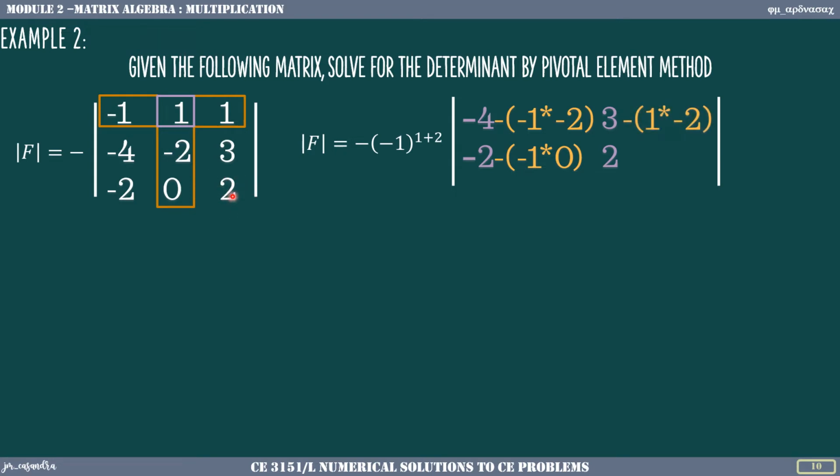For this element, we have 1 and 0, so it's minus 1 times 0. So simplifying, negative 1 raised to 3 is a negative value multiplied to a negative. That will now be a positive value, or it's negative times negative 1.